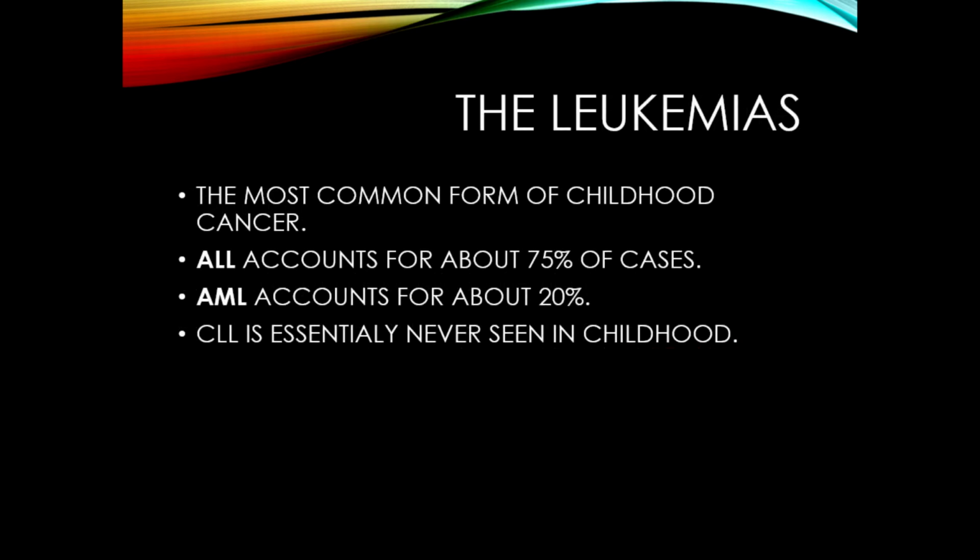Leukemia in general is the most common form of childhood cancer. So number 1 childhood cancer is leukemia, followed by brain tumors. The ALL, or acute lymphoblastic leukemia, accounts for about 75% of the cases, while the AML accounts for about 20% of the cases, and the CLL, which is the chronic lymphocytic leukemia, is essentially never seen in childhood.